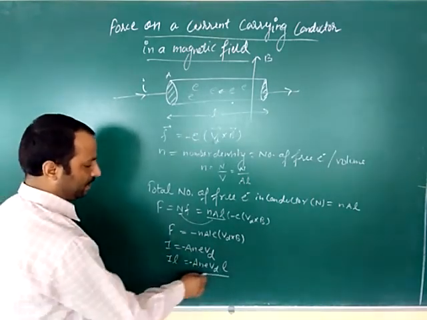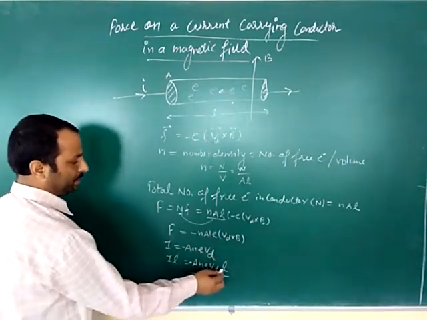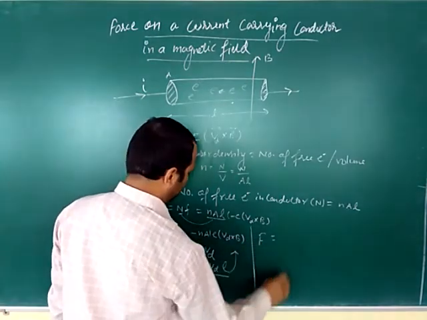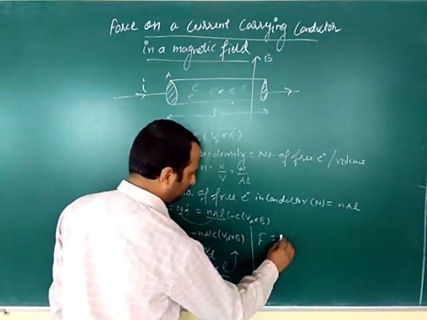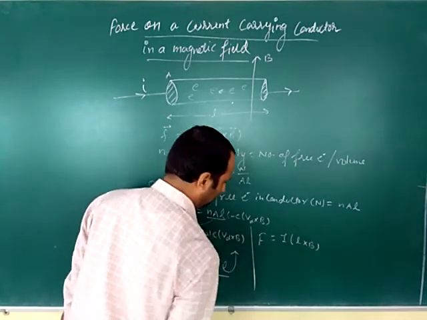So in place of this, can we write I into L? See in the above expression, force is equal to I L cross B.